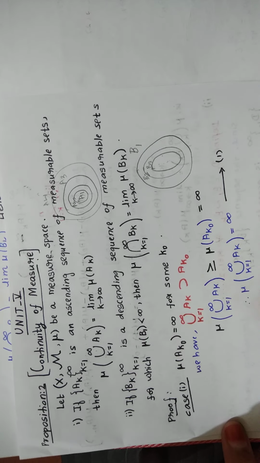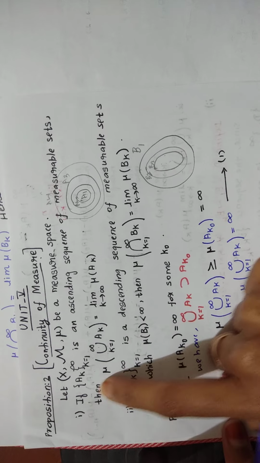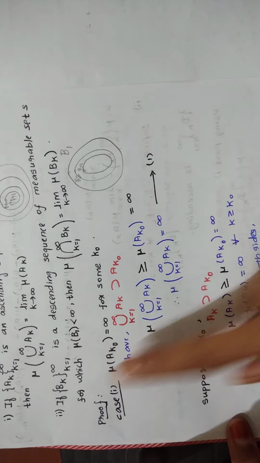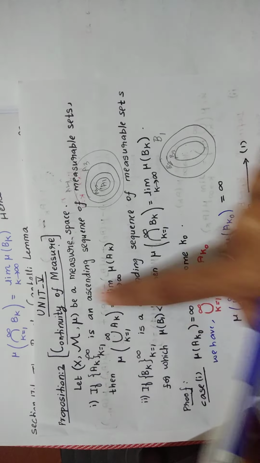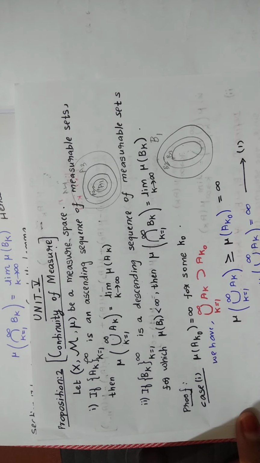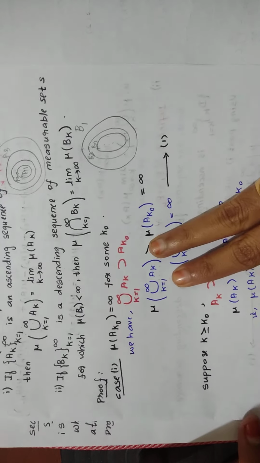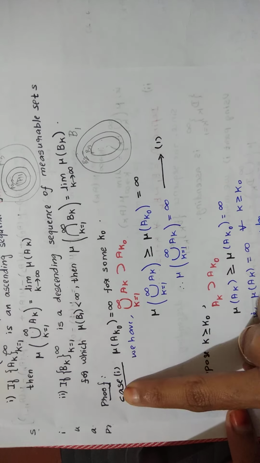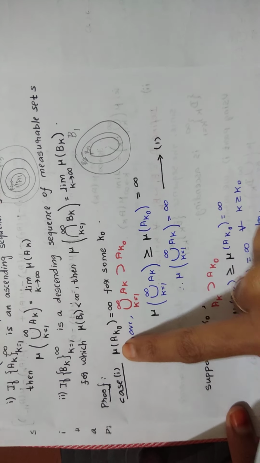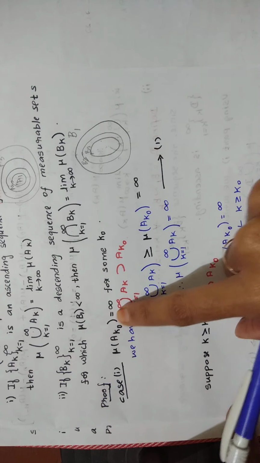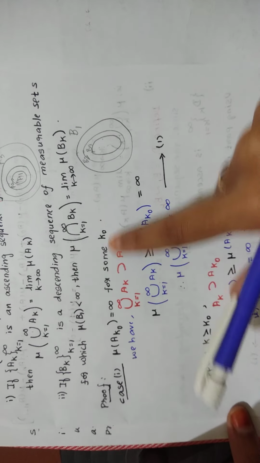Now let us prove the first one. You are going to prove this using two cases. Let us see case 1. In case 1 you have to consider mu of A_k0 equal to infinity for some k0.